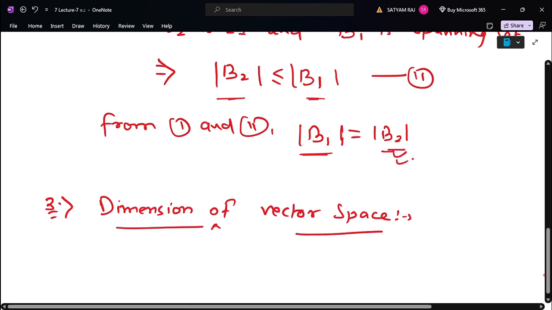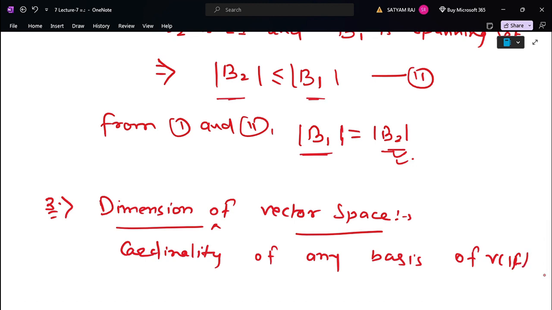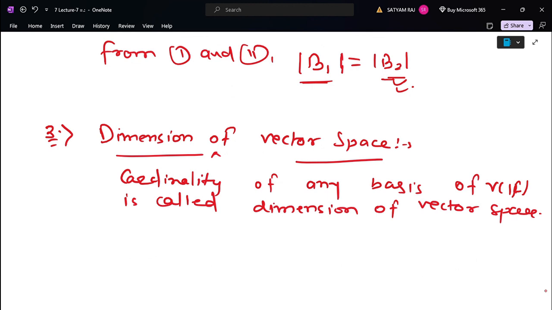It is the cardinality of any basis of vector space V over F, and it is called the dimension of the vector space. So the number of vectors in any basis will be the dimension of the vector space.